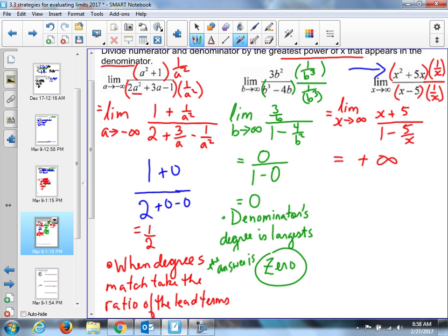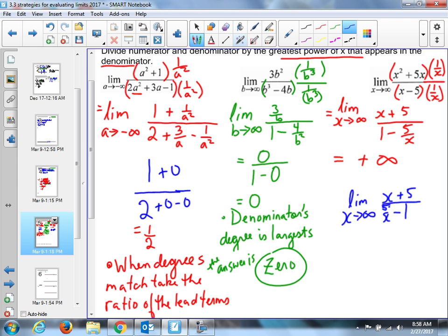If I had just changed 1 or 2 things here, I'll just show you. If this denominator had been 5 minus x, for example, and I'll write this down, it's a different problem, but if the denominator had been 5 minus x, everybody's with me on that? I would have had the same top. 5 minus x, so it would have been 5 over x minus 1. It's really messy, but I'm going to get my point across here.